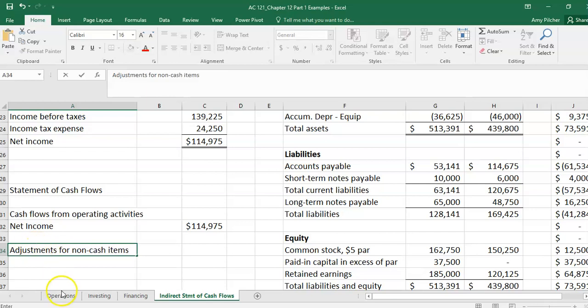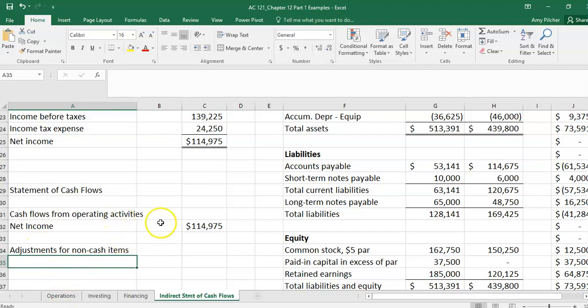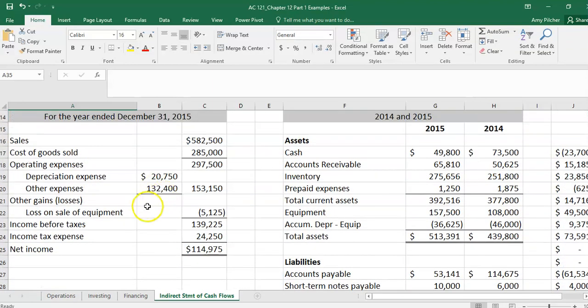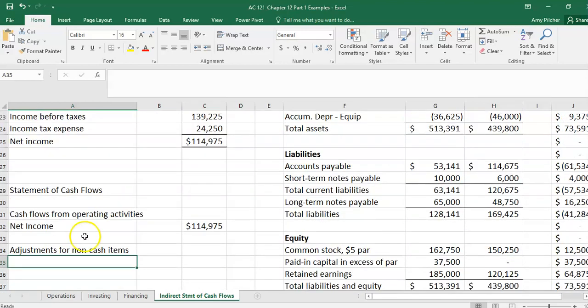Remember, our non-cash items are depreciation expenses and gains or losses. So we get that information off the income statement. We see we have depreciation expense and a loss on sale of equipment. So we add back depreciation expense and losses, and we subtract gains.